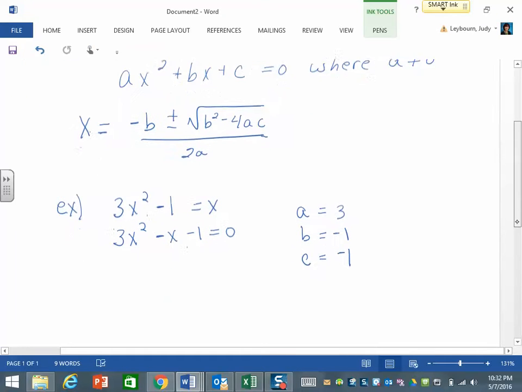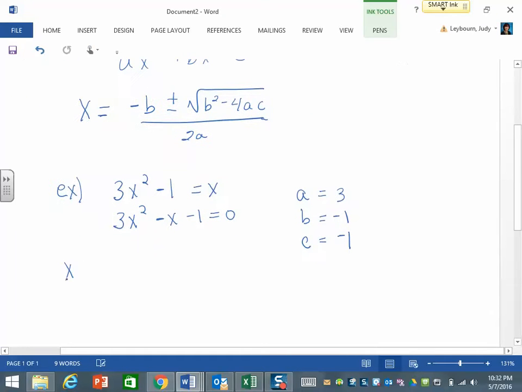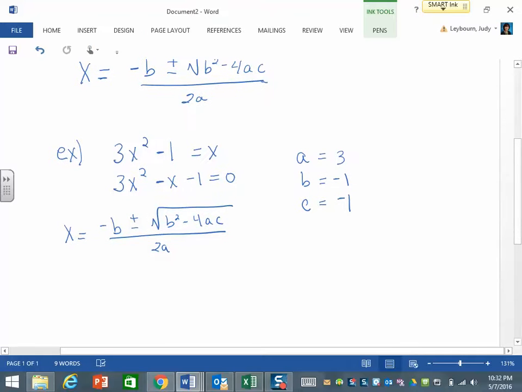So first we'll write down our formula. x is equal to the opposite of b plus or minus the square root of b squared minus 4ac all over 2a. And it's always good to write the formula down before you do any substitutions.